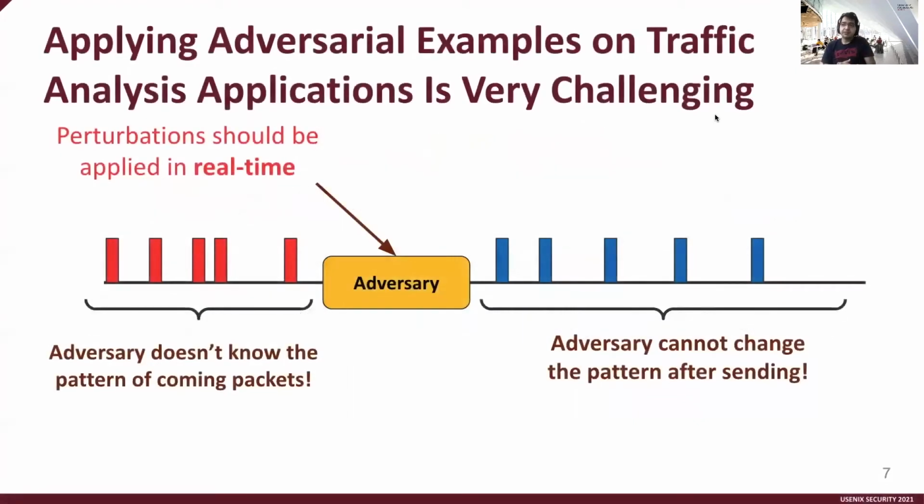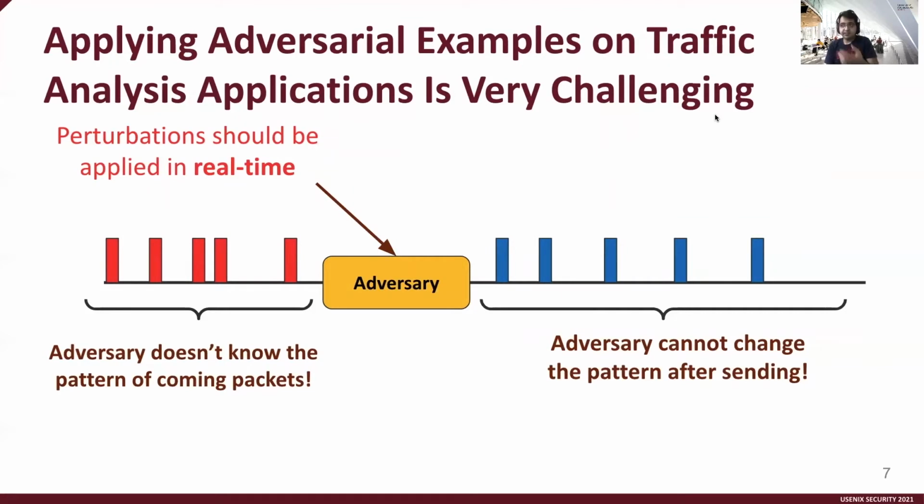The problem is that we cannot just use the same approaches, which are mostly in vision or different applications, as is, and apply them on traffic analysis systems, because the data for these traffic analysis methods are from network patterns. And one issue is that if we want to actually use these adversarial examples, we have to change the pattern of the traffic in real time.